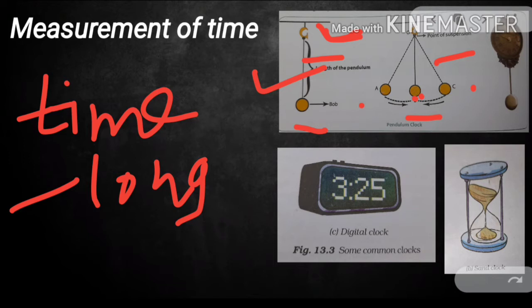The displacements AB and BC are known as the complete amplitude of the pendulum, and the time taken by the bob, that means this metallic ball of a pendulum, to complete one oscillation is called the time period of the oscillation.